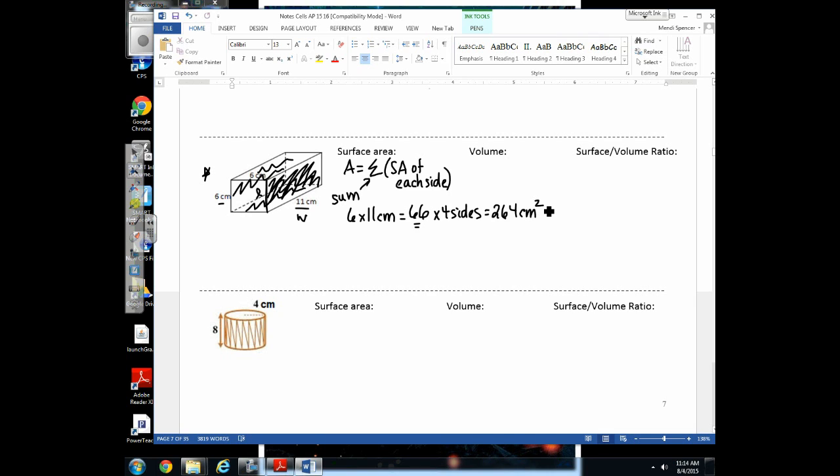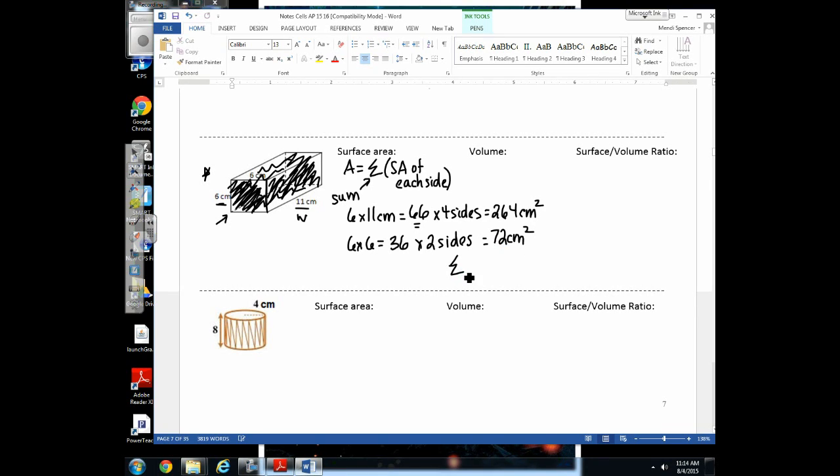And now we have to calculate the surface area of the ends. So these areas right here. We have 6 times 6. That's the length and that's the width. So 6 times 6 gives us 36. And there's 2 sides. Here's one end, here's the other end. So I'm going to multiply that number by 2 sides, and that gives us 72 centimeters squared.